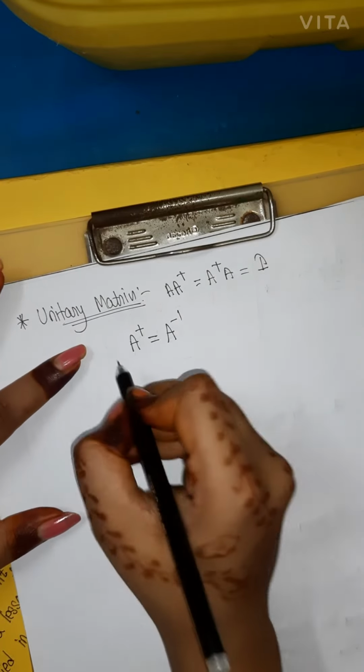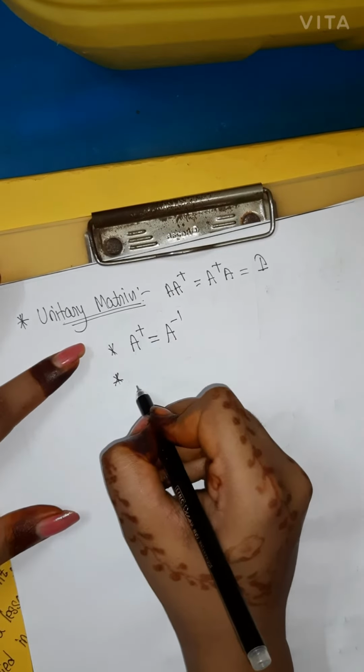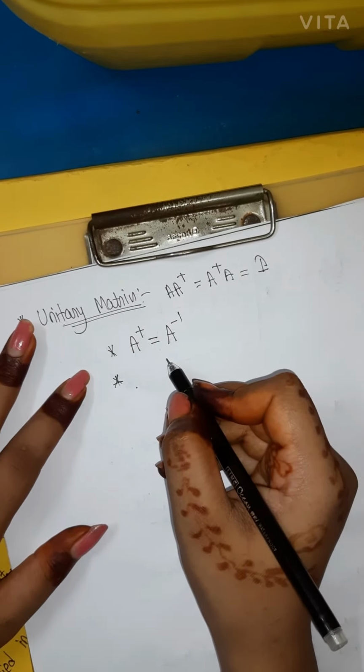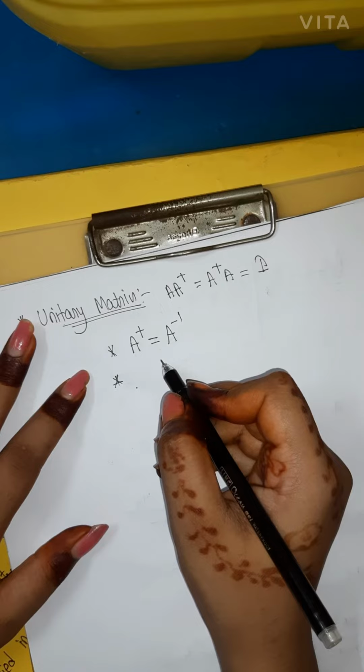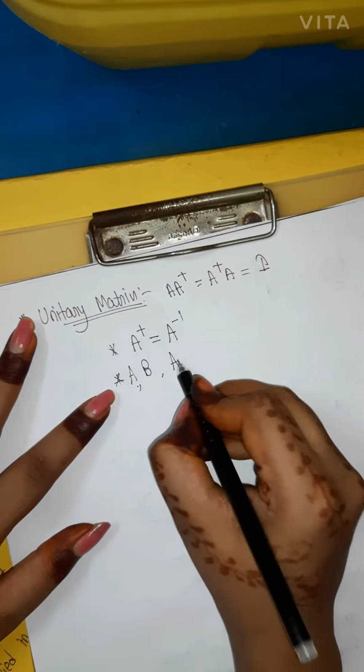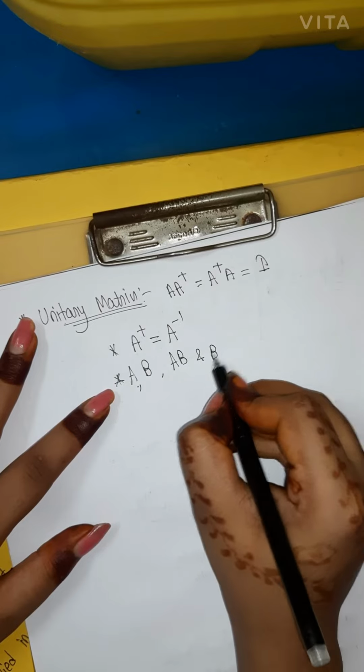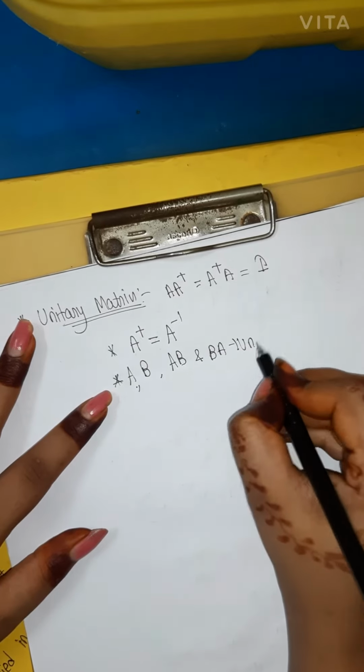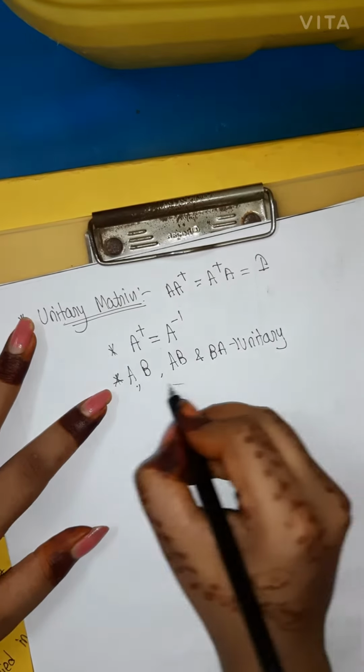Similarly, here also each row and each column will be normalized vector, and if A and B are unitary, then AB and BA will always be unitary. This is also seen as orthogonal.